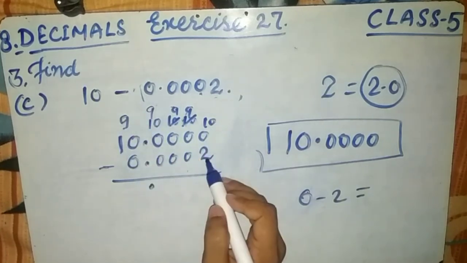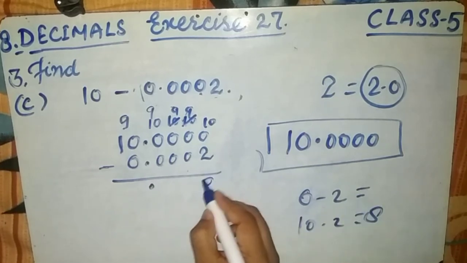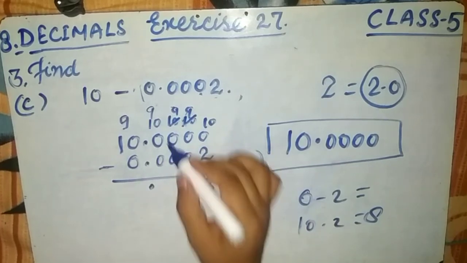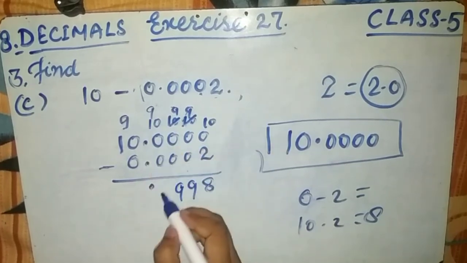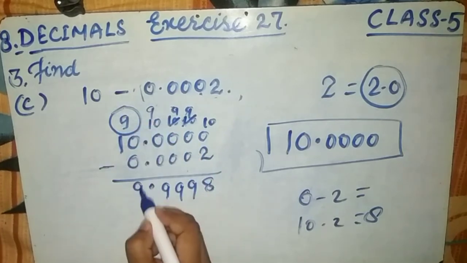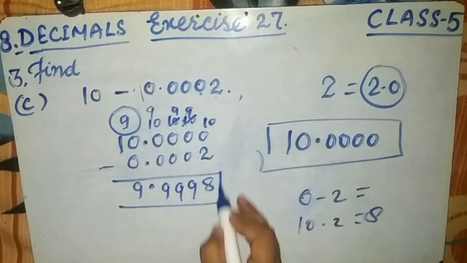So 10 minus 2 is 8. Here is the 8, and this number is 9. 9 minus 0 is 9. 9 minus 0 is 9. Then 9 minus 0 is 9. And this is 9. So write the 9. 9.9998 is the answer. I hope you will understand.